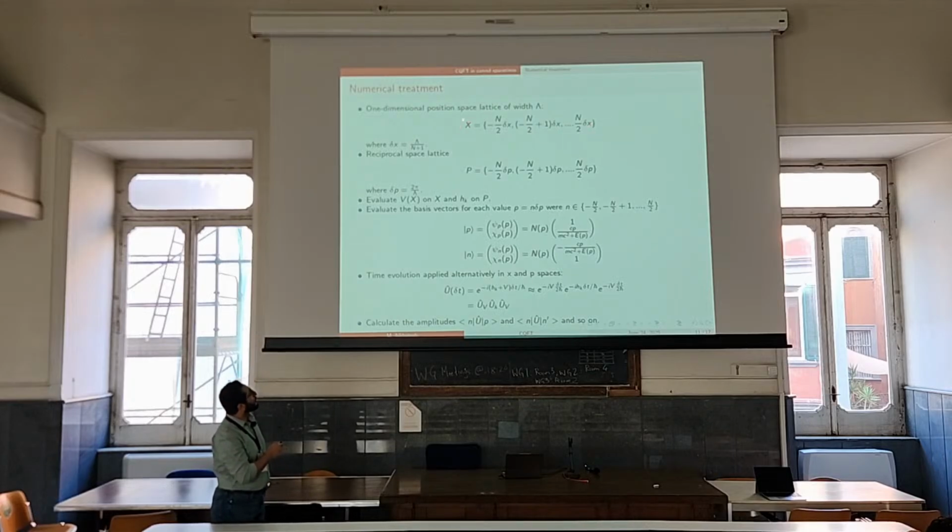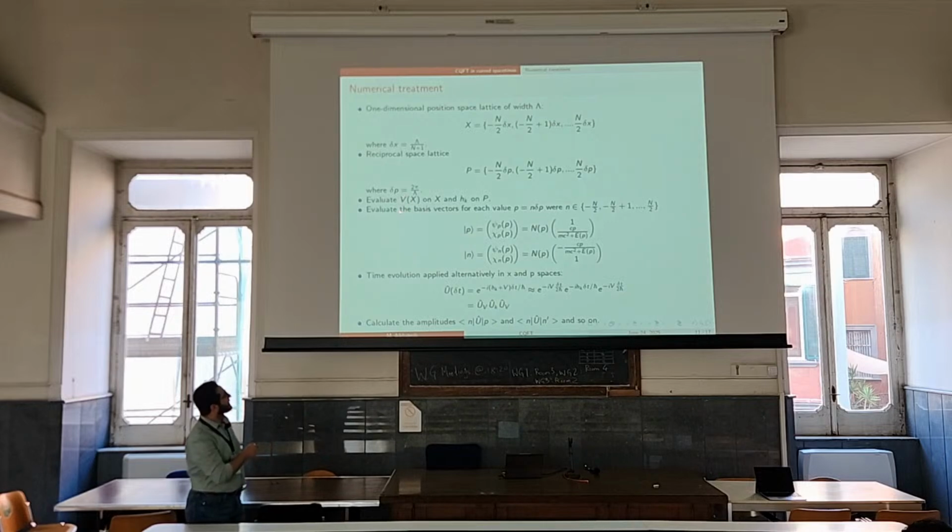So we have our position lattice corresponding to the reciprocal lattice, and we evaluate any spatially dependent potential, such as an electric potential, on the position lattice, and we evaluate the modes on the momentum lattice.